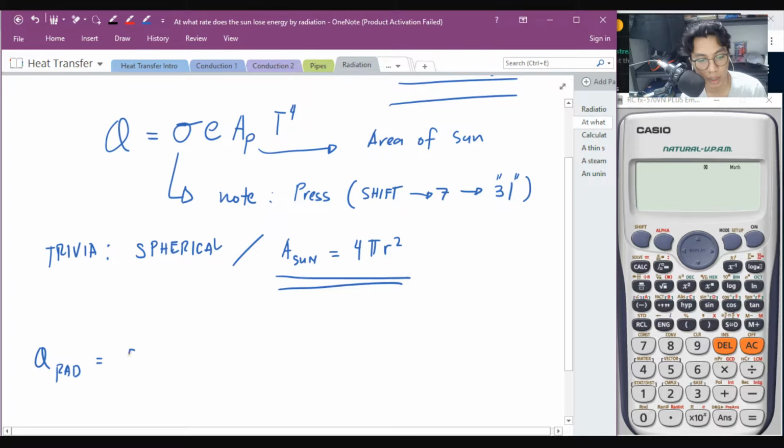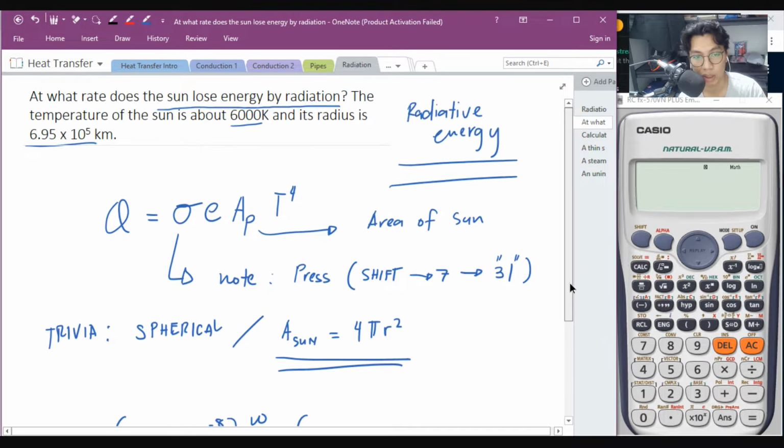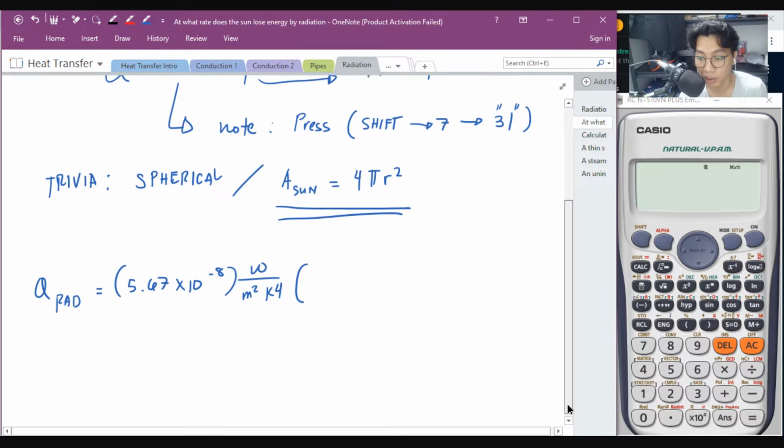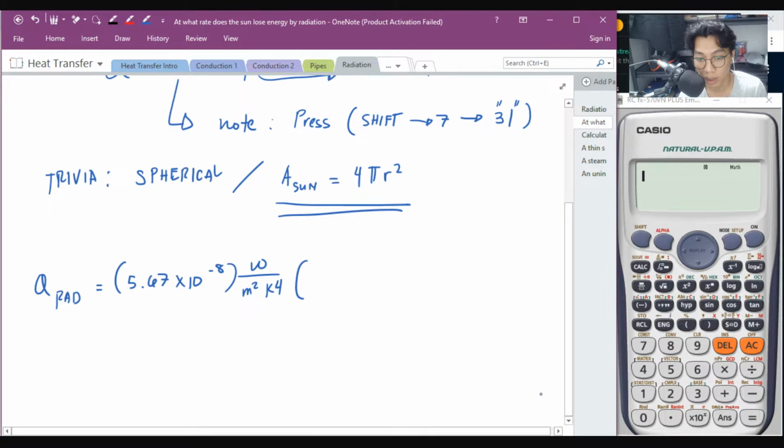So, that is 5.67 times 10 to the negative 8 watt per meter squared Kelvin to the 4th. You multiply it with emissivity. Okay. What is the emissivity? When emissivity is not given, you assume that your emissivity is always 1. Okay? For a perfect radiating or radiative absorbing body.